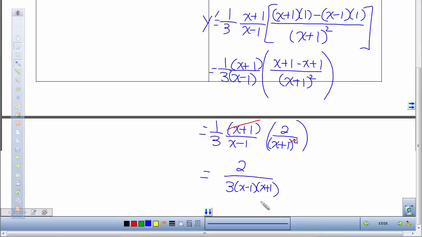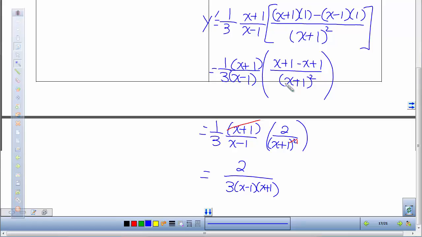How many people got that answer? Excellent. I thought x plus 1 over x minus 1 times 1/3 was the derivative. It is, and then after that we simplified it. So when we did this, it was the derivative, and then when we did this, we cleaned it up a little bit. That was still the derivative. All of these are the derivative, but we simplified it to this.